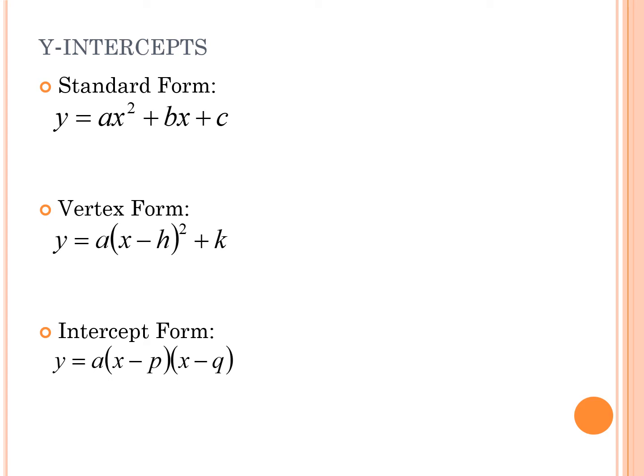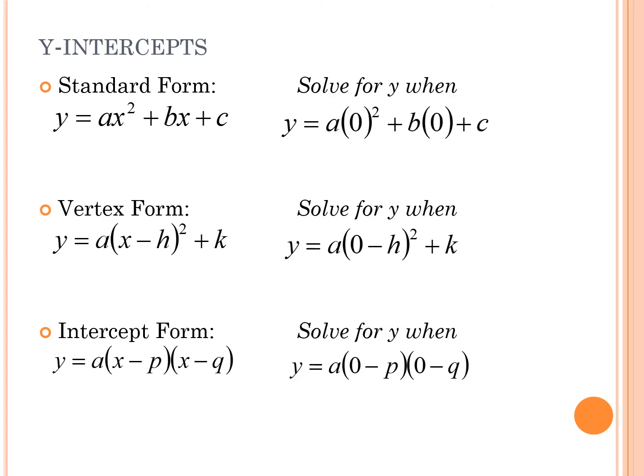And so we're going to plug in x is 0 to determine these intercepts. And again here, the intercept form, you're just plugging in 0 for x and doing the calculation to determine what the y values are.